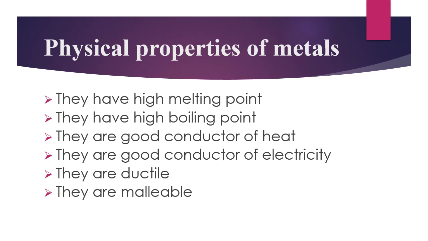Ductile is the ability of metal to be formed into thin wires. Metals are malleable. The term malleable also means the ability of metals to be formed or changed into sheets.